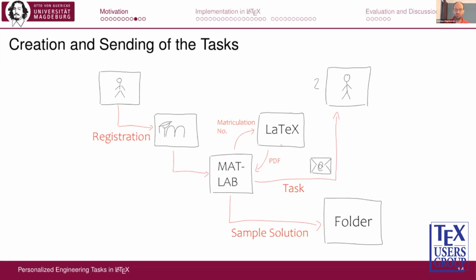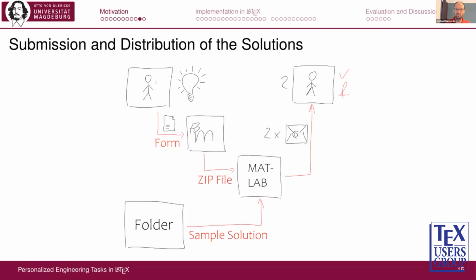And so then LaTeX generates a PDF, the task and the sample solution are stored in a folder, and the task is sent via email to the student. And then the student has one week to solve the task, has some idea or not, and submits the solution back to this Moodle, back to this e-learning system.